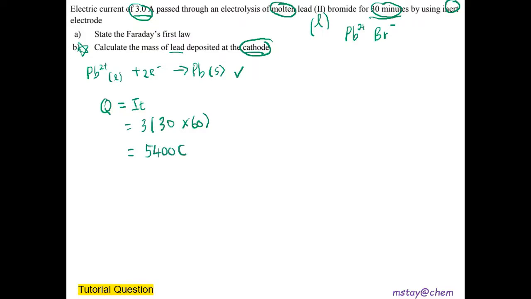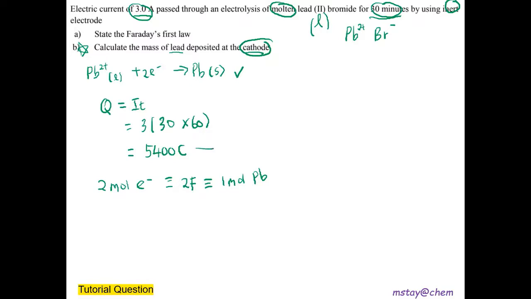Then, according to the equation, two moles of electrons going to produce, two moles of electrons need 2 Faraday, and then we produce 1 mole of lead. So in this case, we have 5400 coulomb.